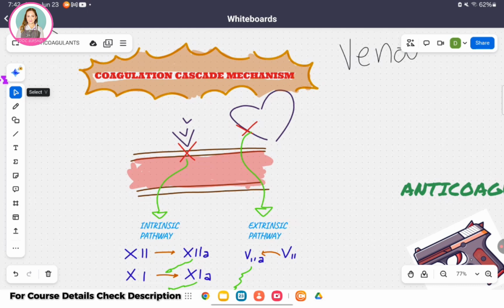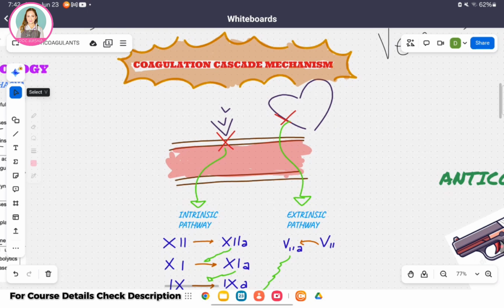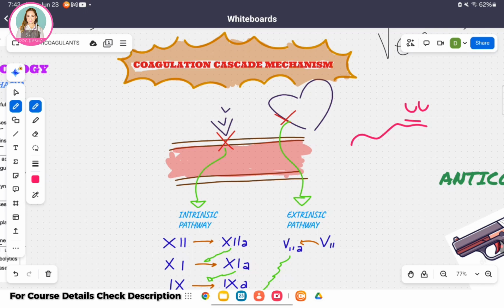Now, mostly in venous circulation, how do we activate fibrin? Fibrin is basically this fibrin thread. Let's suppose this is the fibrin thread, and it's sleeping. How do we wake it up? There are two pathways physiologically. Whenever there is a break in the vessel wall, the intrinsic pathway gets activated.